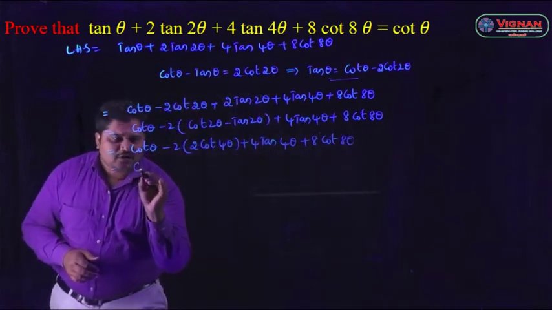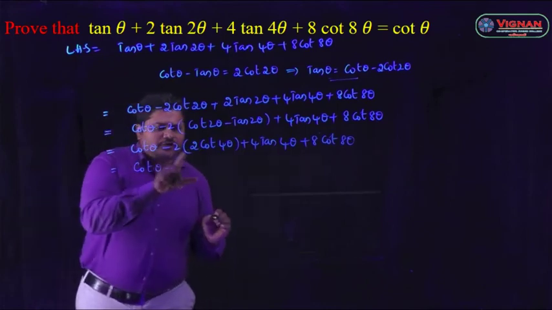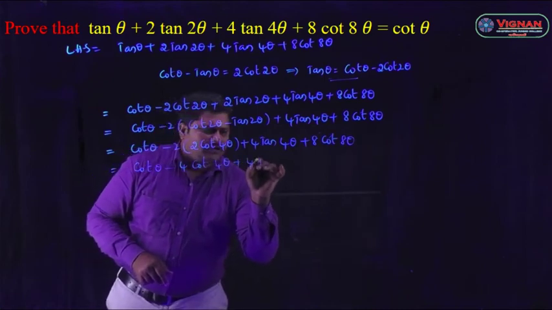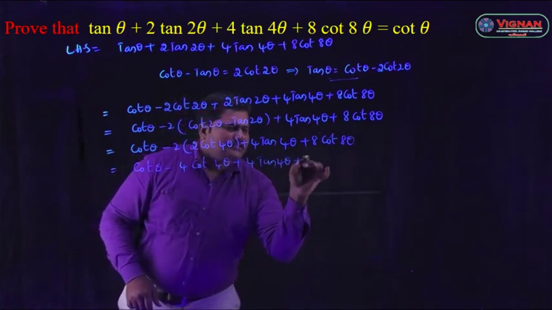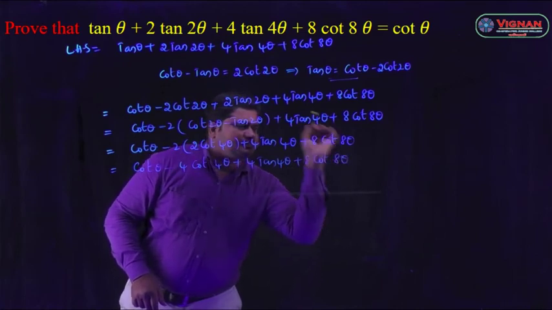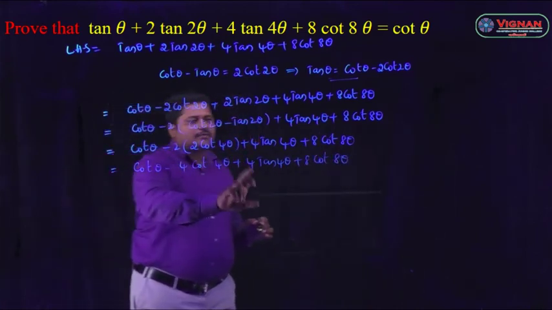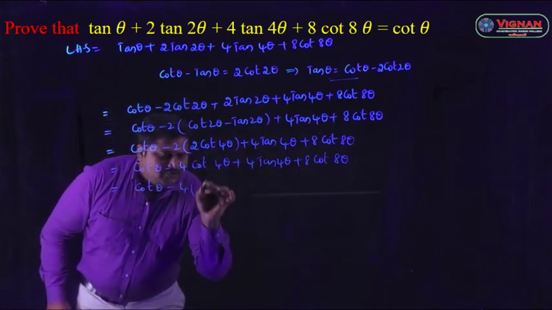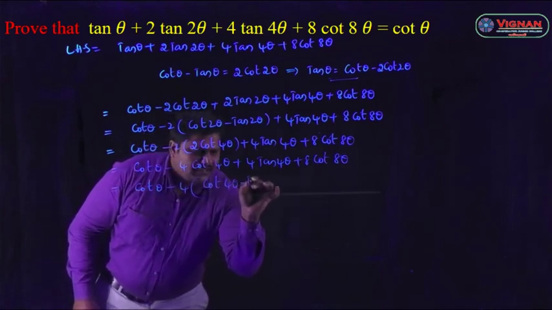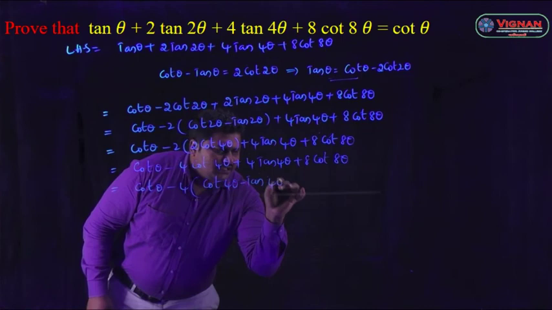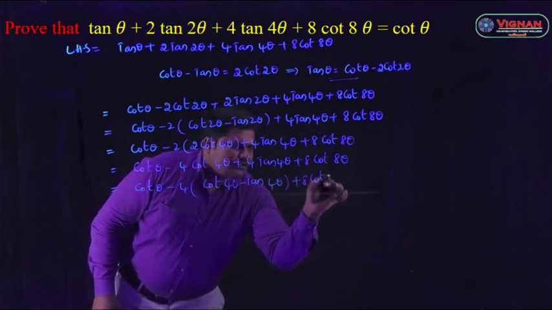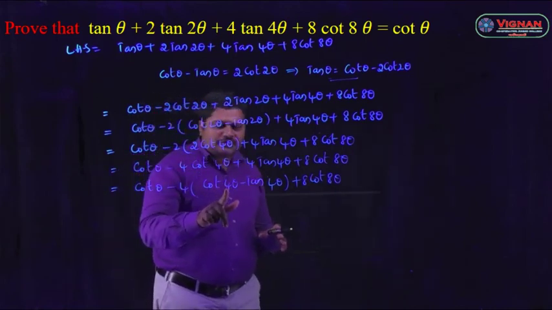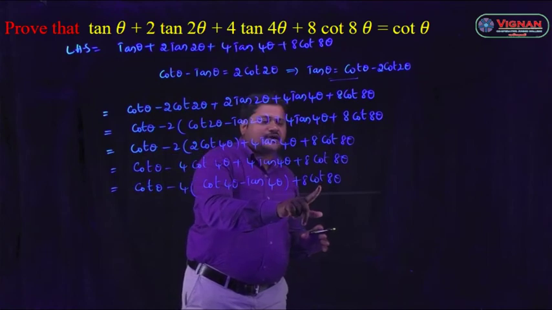Next step is cot theta minus 4 cot 4 theta plus 4 tan 4 theta plus 8 cot 8 theta. Here also we take common minus 4, and then the next step is cot theta minus 4 into cot 4 theta minus tan 4 theta plus 8 cot 8 theta.